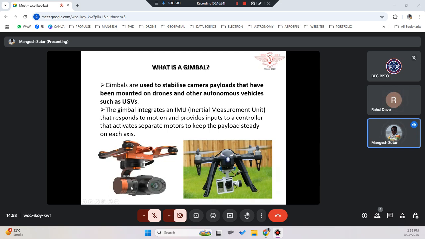There are two-axis or three-axis gimbals. Every time there is a shake or some movement or vibration, the gimbal will try to stabilize the camera, so that you have vibration-free images or videos.